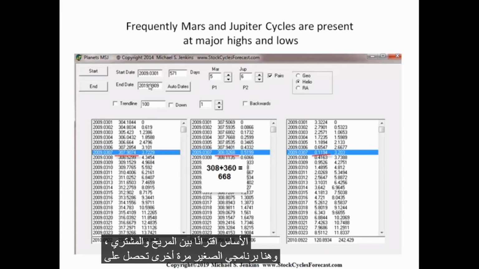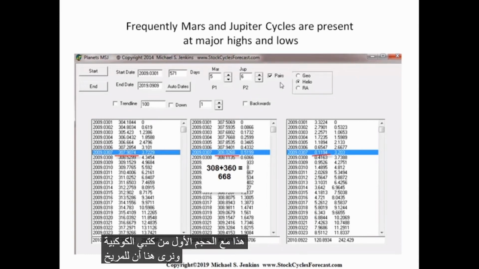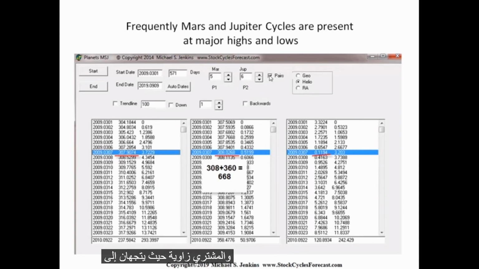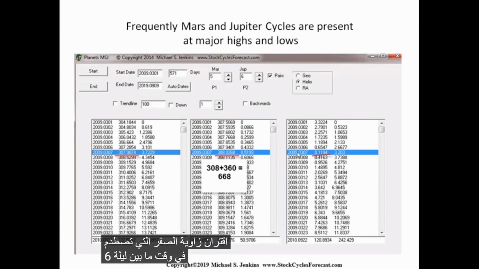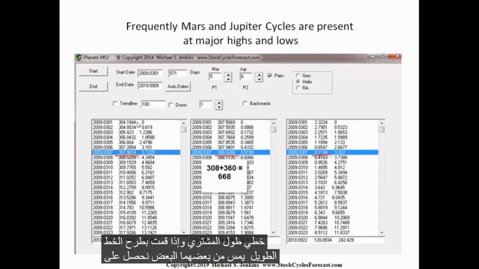Here's my little program again. You get this with volume 1 of my Planetary books. And we see here Mars and Jupiter have an angle where they're going to a conjunction, a 0 angle, which hits sometime between the night of the 6th and the 7th. And it occurred where the individual longitudes, here are the Mars longitudes and here are the Jupiter longitudes, and if you subtract the longitudes from each other, you get the angle between them.